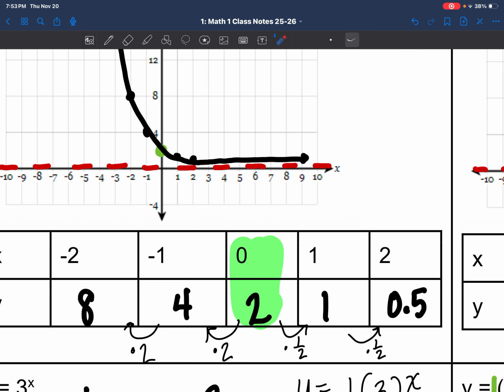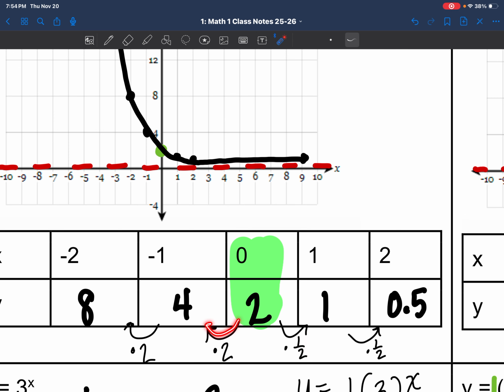So when we're going this way, if your growth factor is 1/2, you're going to multiply by 1/2 each time, and you can either write 1/2 or 0.5. And then now, if we go backwards, to flip 1/2, you're going to get 2/1.